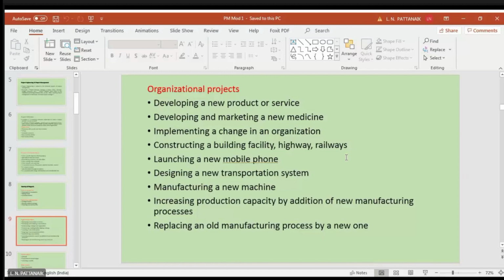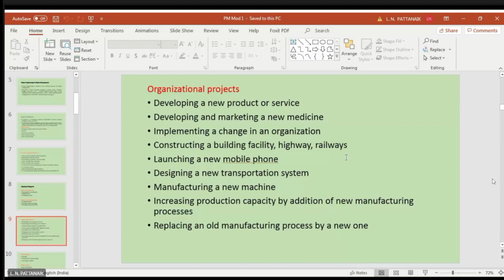So this is a one-time effort, this is unique, this is a temporary endeavor. This is not a permanent feature. So this is a project. So bringing any change to the organization, and having some conscious effort for that and spending on that using resources is a project.